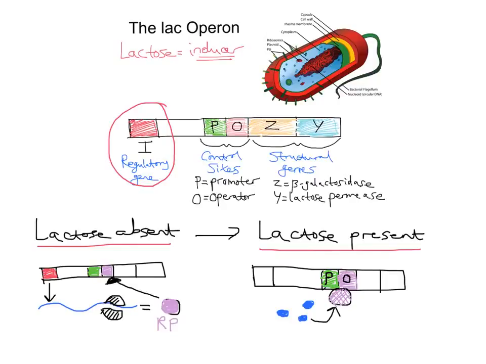And the repressor molecule that is attached to that operator region disassociates, or comes off, if you like. So if we imagine this purple dot now coming off that operator region, you can see that we now have the promoter and operator region fully exposed. RNA polymerase can now bind to that promoter region.